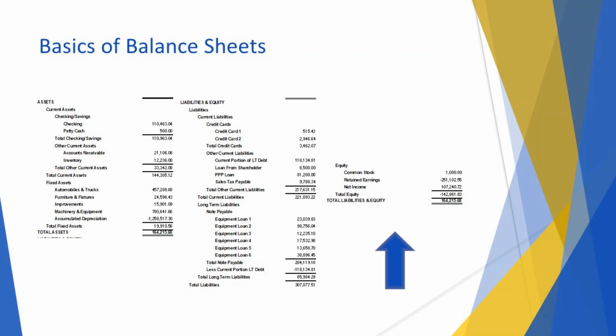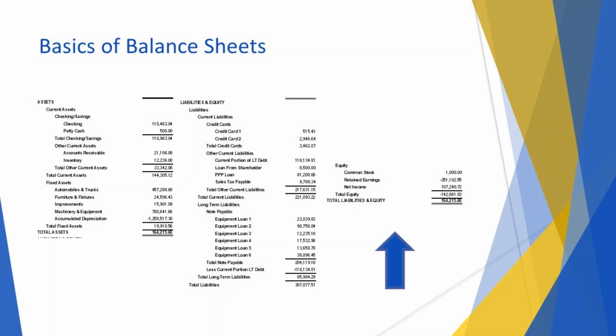You can see in the equity section that we have $1,000 in common stock. Retained earnings is negative $251,103, and net income for the period is $107,241. From a review perspective, you would think this company is doing great.